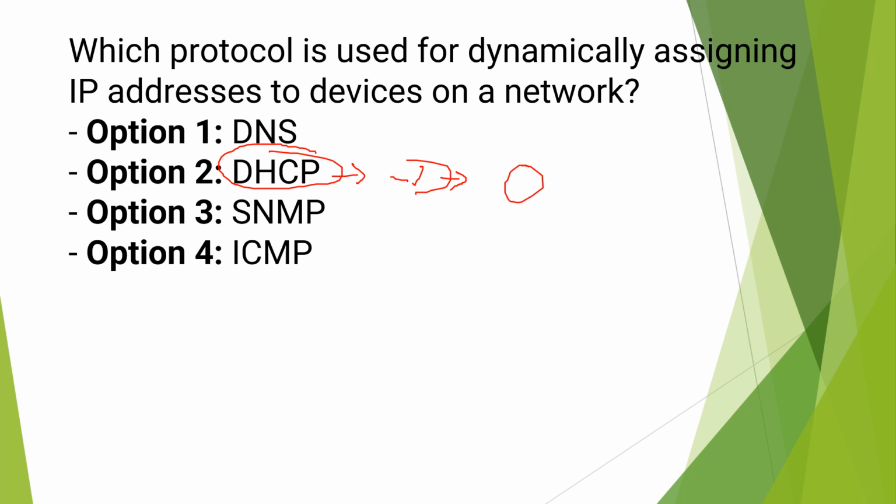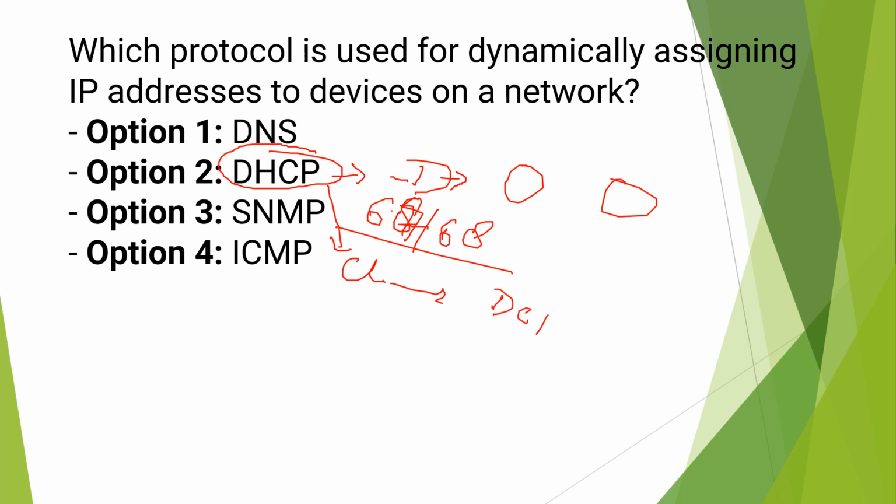When there are multiple devices, DHCP works on ports 67 and 68, if I'm not wrong. And how does it work? The client sends a request to the DHCP server.